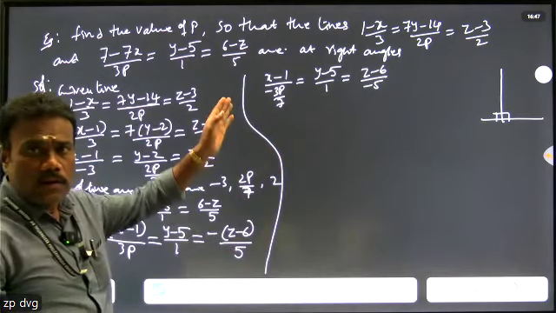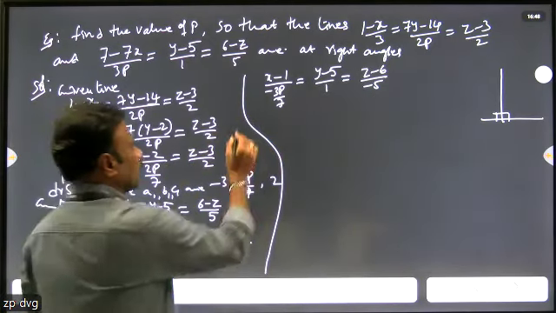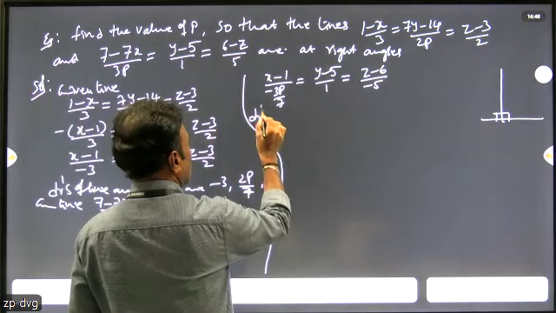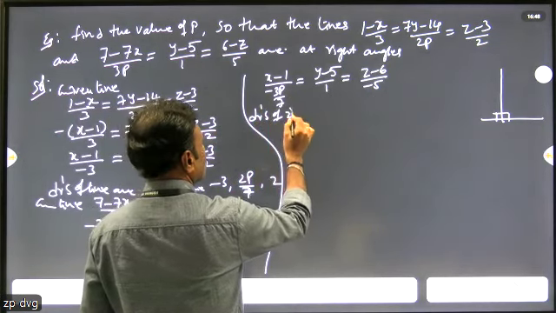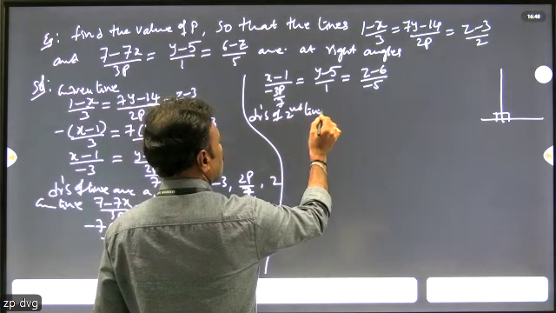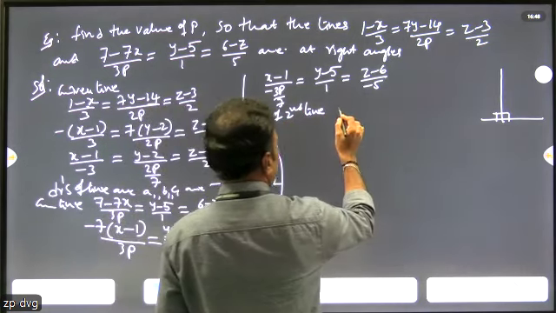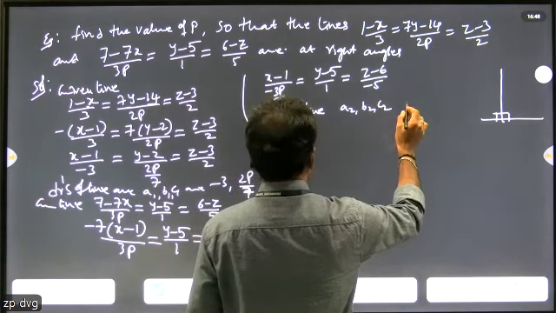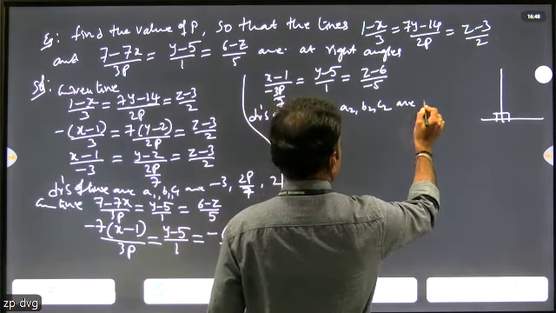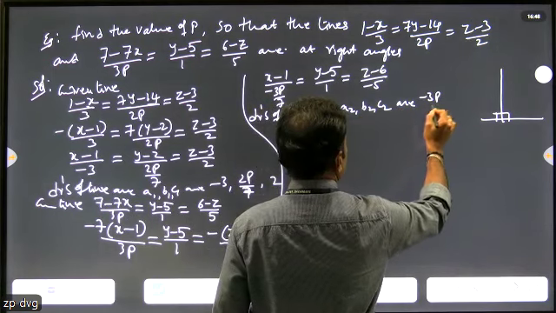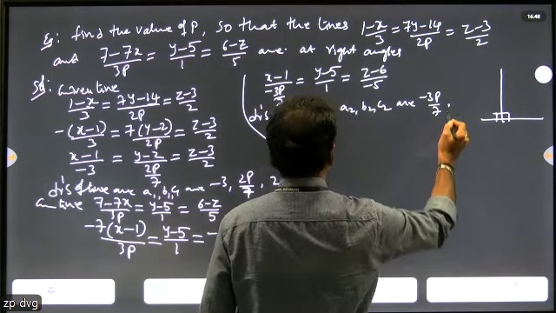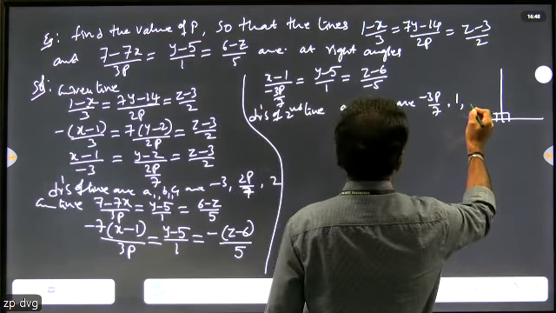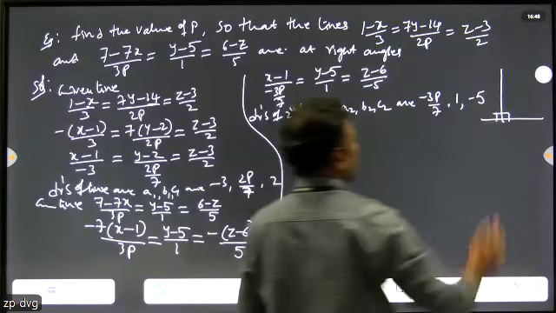Now for this line, the direction ratios of the second line are a2, b2, c2, so these are minus 3p by 7, 1, minus 5.